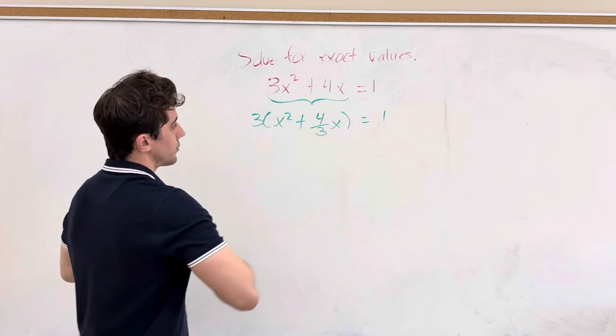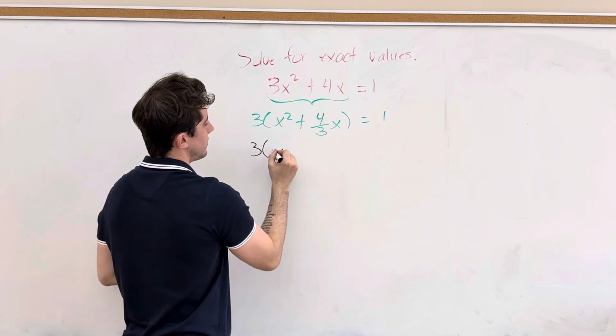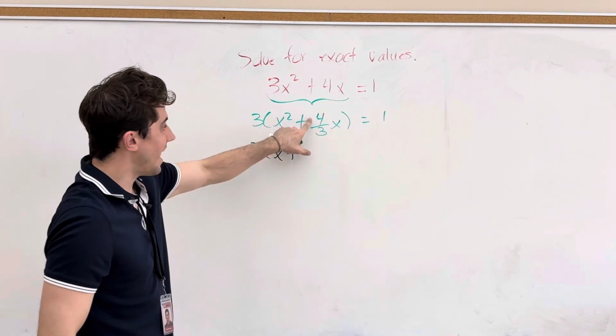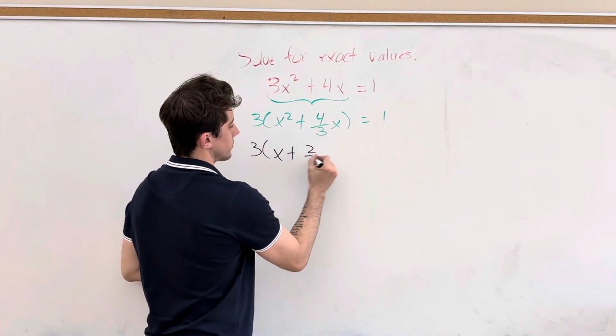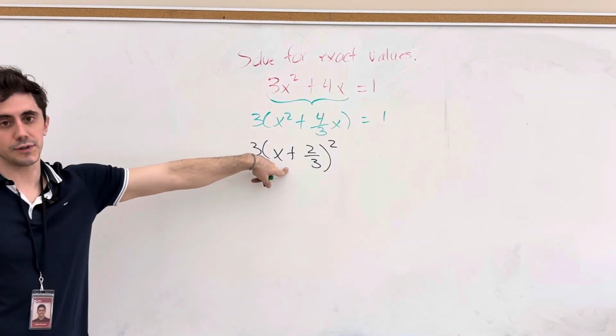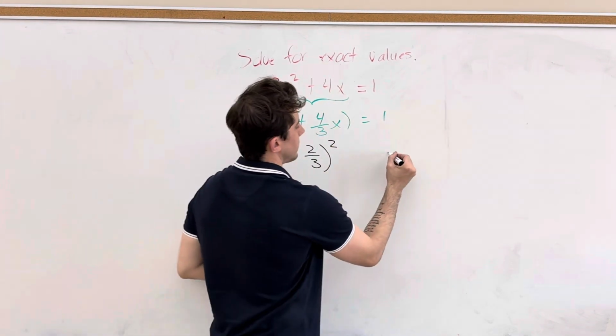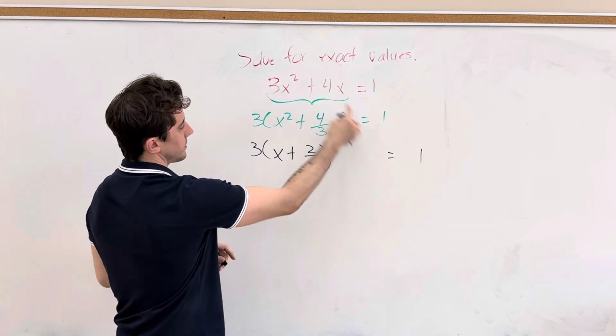Now we'll actually go through the completing the square process. And so we'll do 3 times x plus, we'll take half of that x coefficient. So half of 4/3 is, of course, 2/3. And then we square that binomial, x plus 2/3 all squared. We still have equal to 1 on the other side, but we have to balance out this process of completing the square.